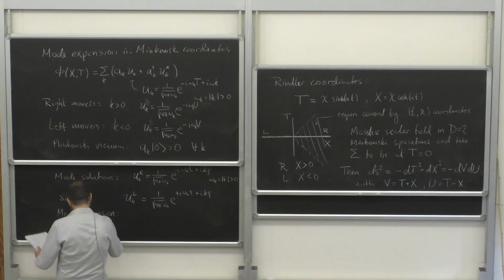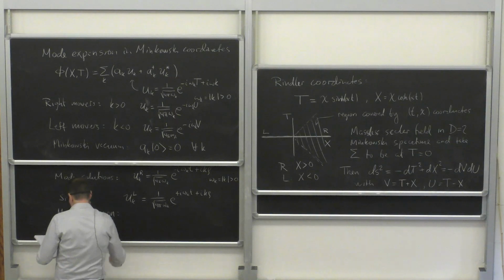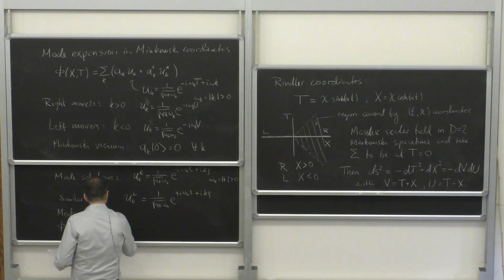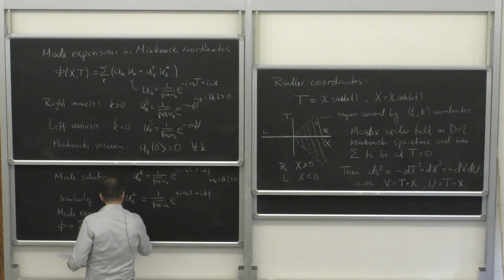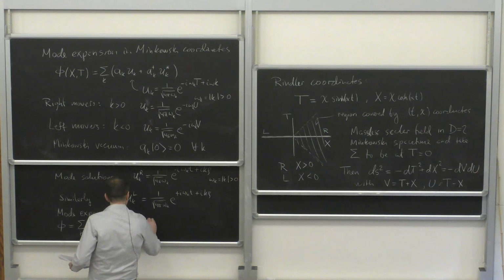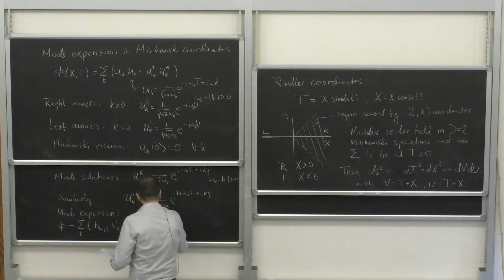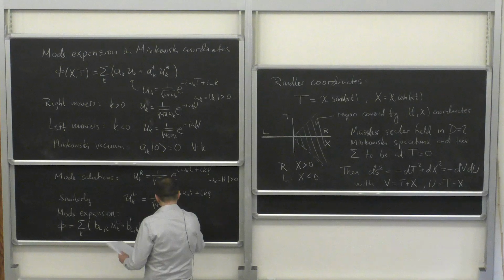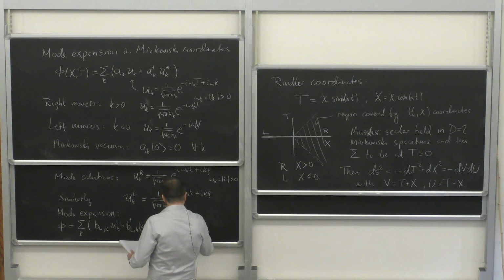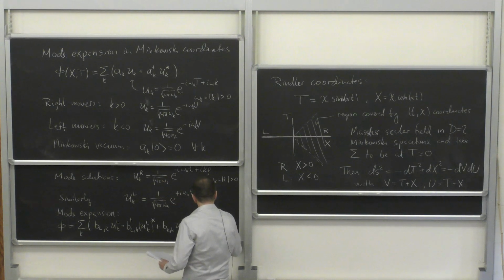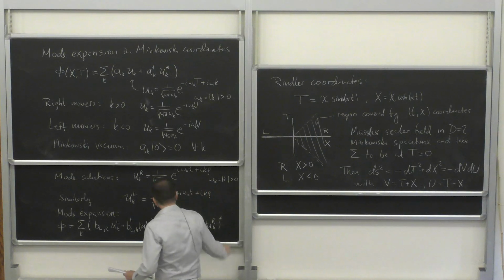I will write this as b left k, u left k, plus b left k dagger times the complex conjugate, and then I will have a b right k and a b right k dagger, like so.